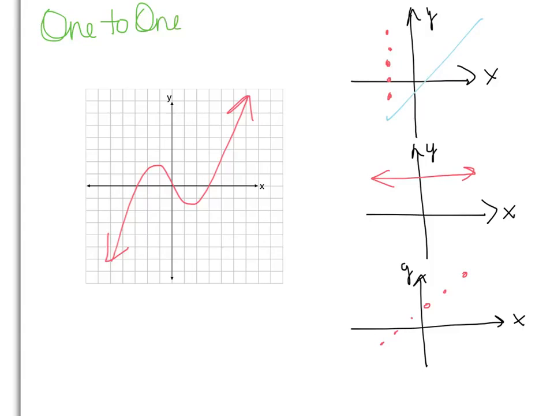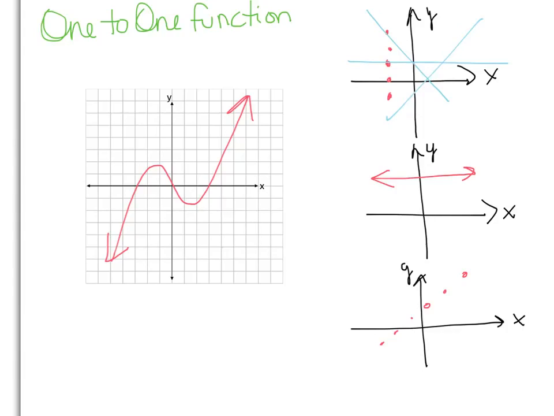If a function was true, that for every x there was only one y, then this one over here was not a function. So if it's not a function, then it can't be a one-to-one function as well. A one-to-one function is a subset of being a function. So your first test is, is it a function?